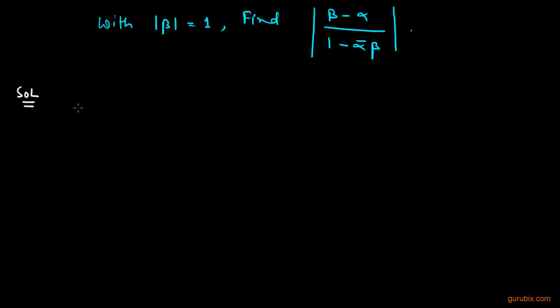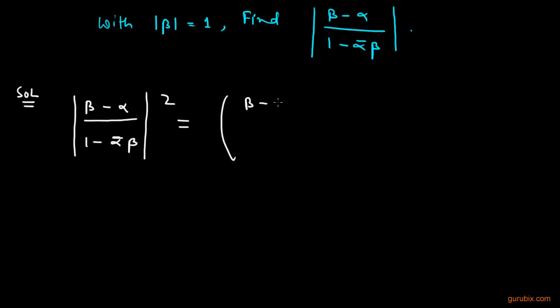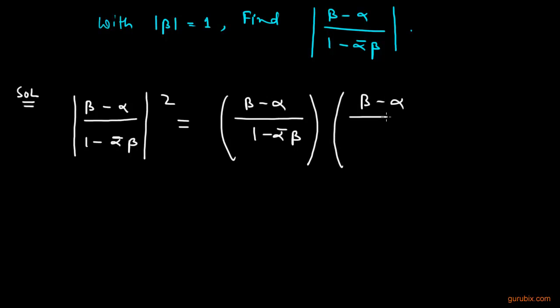We shall apply the result that the square of |(beta - alpha)/(1 - alpha bar beta)| is equal to (beta - alpha)/(1 - alpha bar beta) times the conjugate of the whole value, (beta - alpha)/(1 - alpha conjugate beta) conjugate.